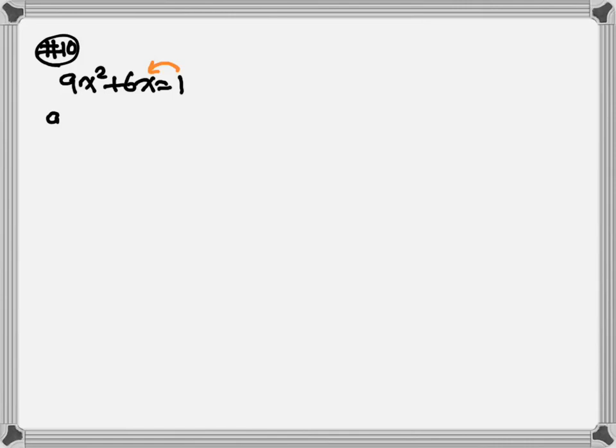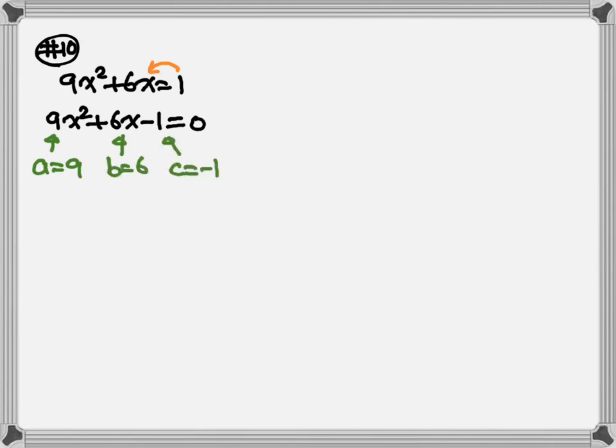So I have 9x squared plus 6x minus 1 is equal to 0. Every time you move anything to either side of the equation, you must switch the sign. So the 1 on the right-hand side is a positive 1. When you move it to the left-hand side, it becomes negative 1. Next, we're going to find out my a, b, and c. A is equal to 9. B is equal to 6. C is equal to negative 1.